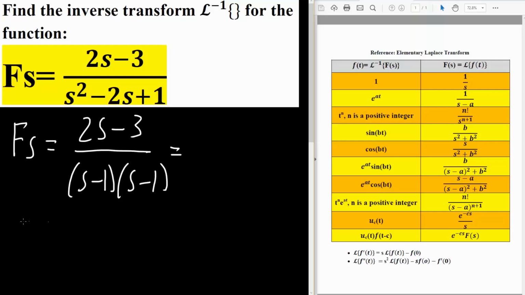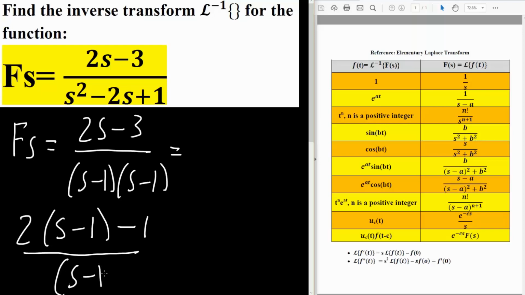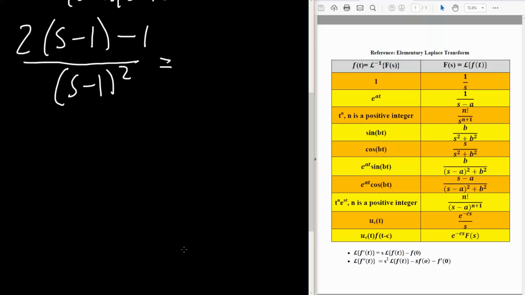That would be 2 times (s minus 1); by doing that we get 2s minus 2, and we have minus 3, so we say minus 1, so it's equivalent, divided by, instead of (s minus 1) times (s minus 1), we can just say (s minus 1) squared.